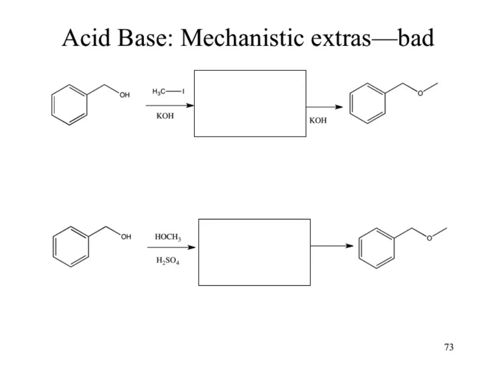Acid-base mechanistic extras. So we take a look at this reaction. What's happening in the top one? Substitution. So in substitution, what do we need to have happen? Leaving group. Where's our leaving group? The OH is acting as our leaving group?